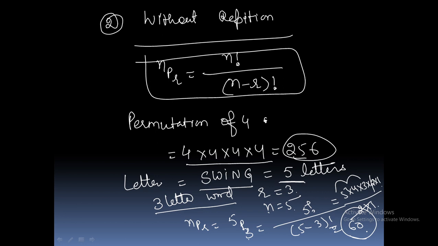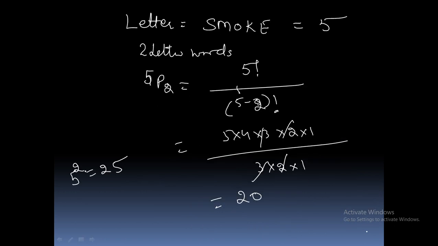Now the next question: the letters of the word SMOKE are given. How many 2 letter words, with or without meaning, can be formed out of the letters of the word SMOKE when repetition is allowed? In this case, when you find with repetition, you can use this formula, n raised to power r.